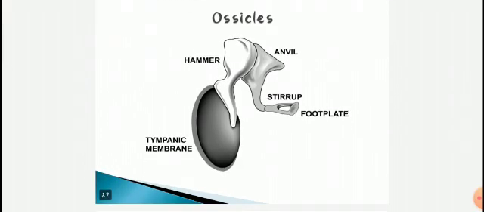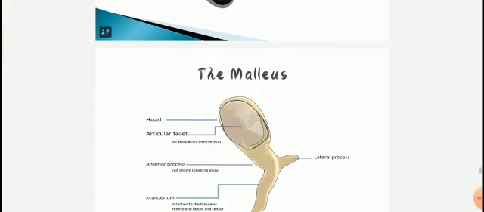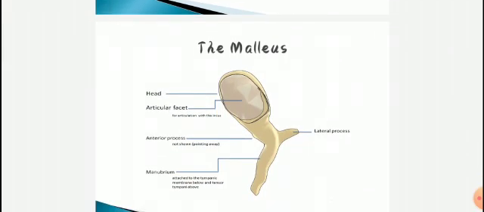Now about the ossicles. We get three ossicles: hammer, anvil, stirrup, or malleus, incus, and stapes. And the footplate sits on the oval window. This is the figure of the malleus, and parts are shown.